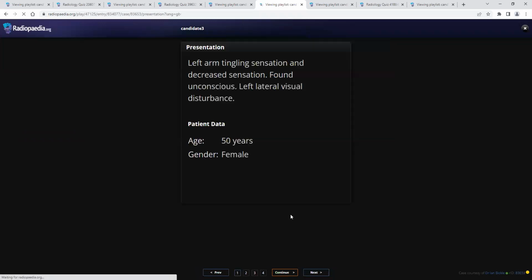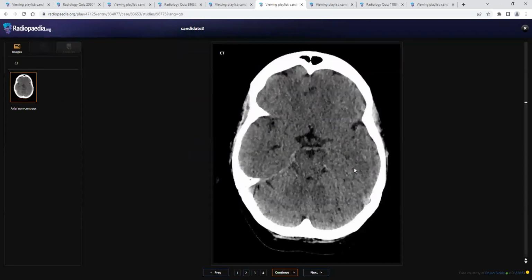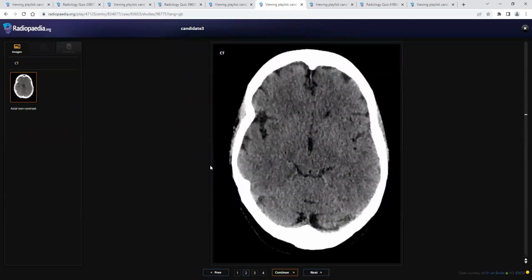Okay. Thank you. This is the patient, a 50-year-old female presenting with left arm tingling sensation and decreased sensation. Okay, click on the image. Scroll.